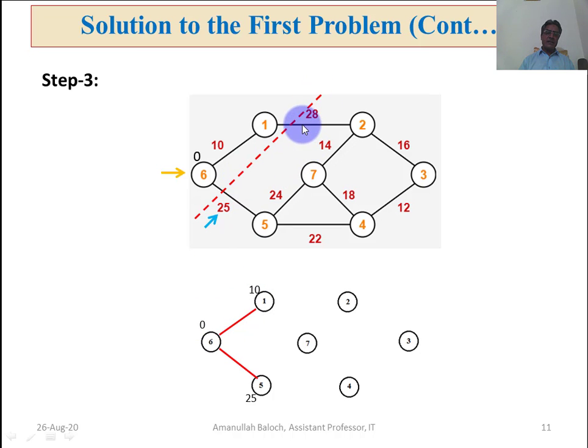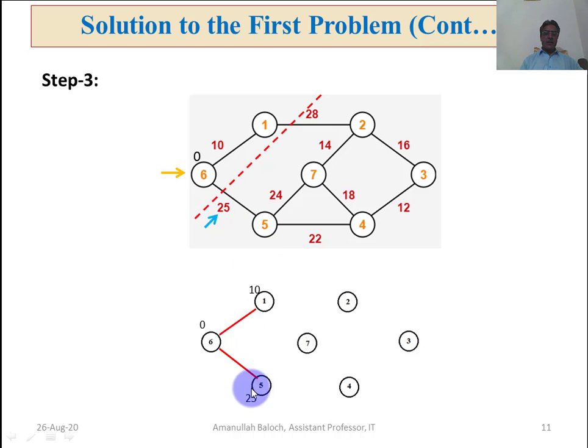This cutting edge is cutting these edges of the graph, and these 3 edges have values 22, 24 and 28. The lightest one is 22, so we will accept this edge. We have accepted this edge, and this weight is assigned to the next node 4. The key value of 4 has become 22 from infinity.